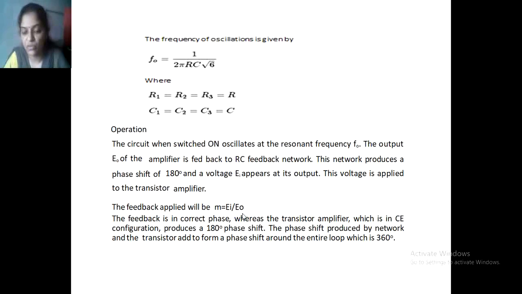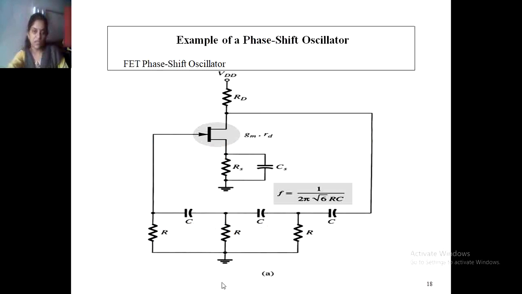The phase shift produced by the network and the transistor add to form a phase shift around the entire loop, which is 360 degrees. Means from this side to this side is 180 degrees, and again here it is applied; the input network gives 180 degrees.